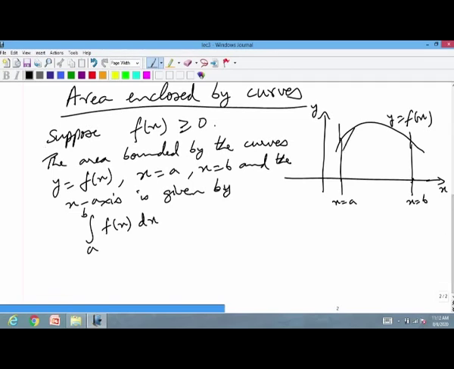Right. So, this definite integral gives the area under the curve y equal to f(x) from x equal to a to x equal to b.